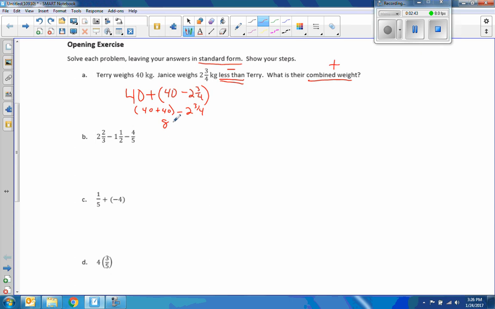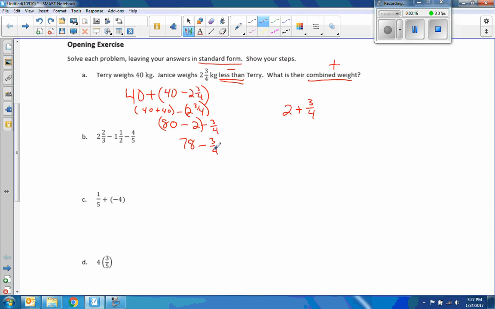So 40 plus 40 is 80, minus 2. But if I break this up, 2 3/4 means 2 plus 3/4. If I put that in parentheses and distribute, it's minus 2 minus 3/4, for a total of negative 2 3/4. All right, so now let's move on. 80 minus 2 is 78, minus 3/4.